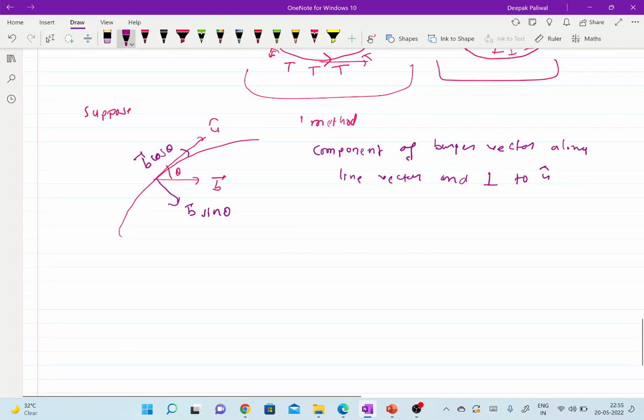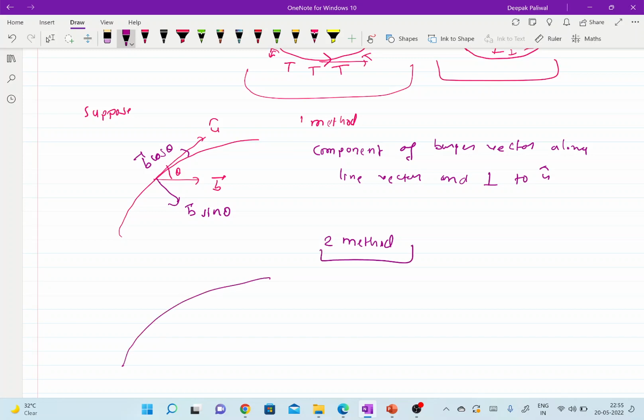Okay, the second method for this kind of mixed dislocation: this is our Burgers vector, this is our line vector. What we can do is take the component of the line vector along the Burgers vector. So this becomes u cos theta, and this becomes u sin theta.